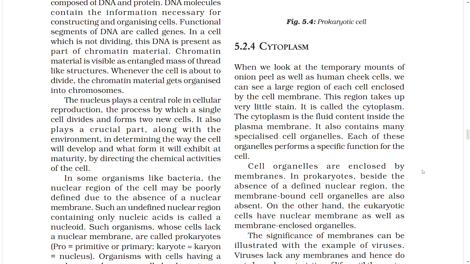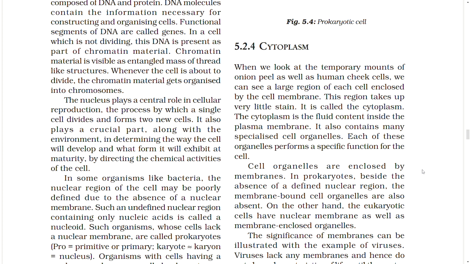5.2.4 Cytoplasm. When we look at the temporary mounts of onion peels as well as human cheek cells, we can see a large region of each cell enclosed by the cell membrane.